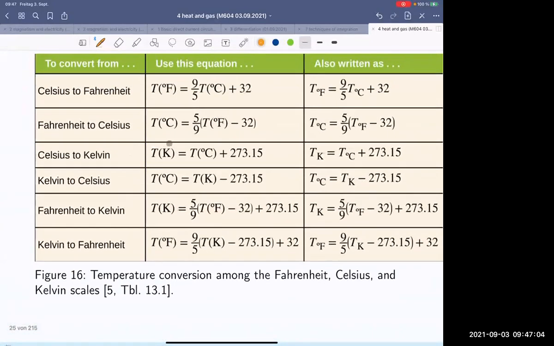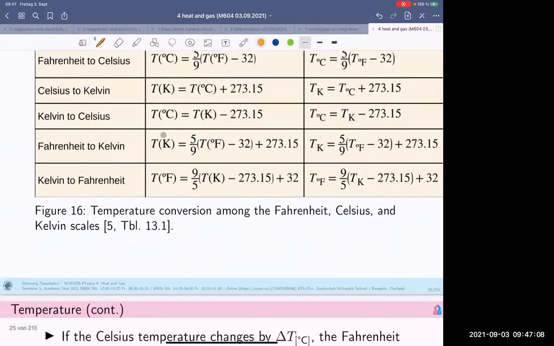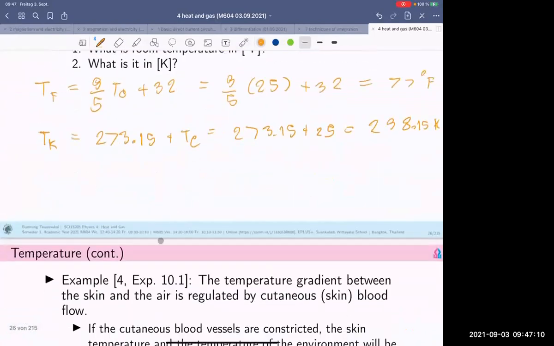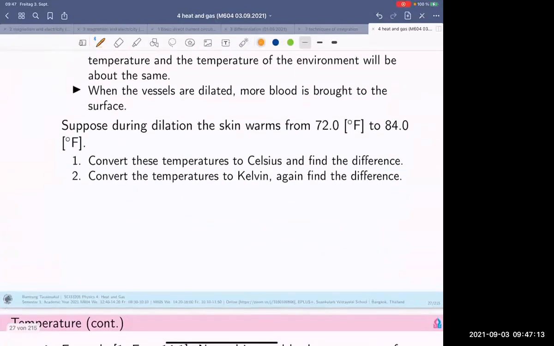F to C is going to be this one: Fahrenheit to Celsius, 5/9. T of 72 F is going to be converted to T in degrees Celsius.